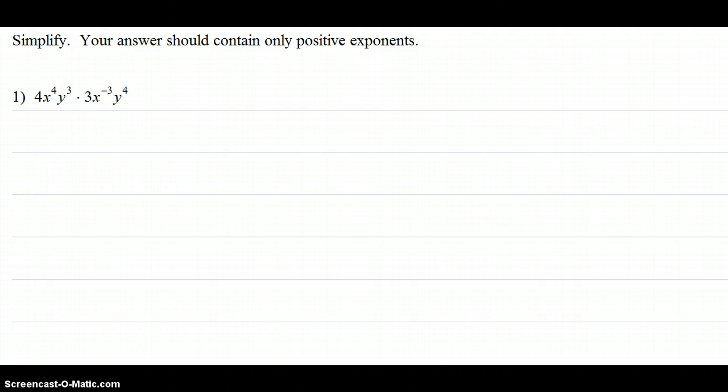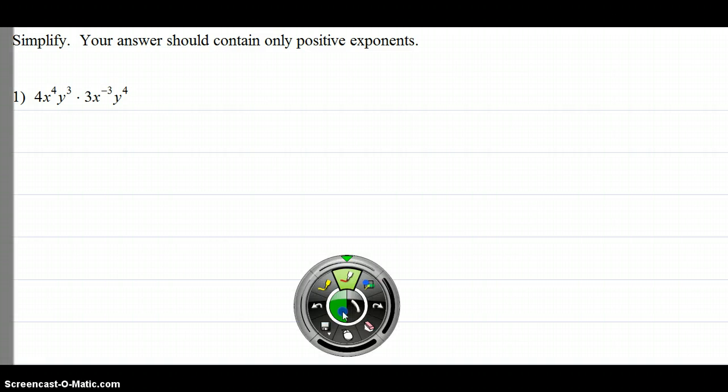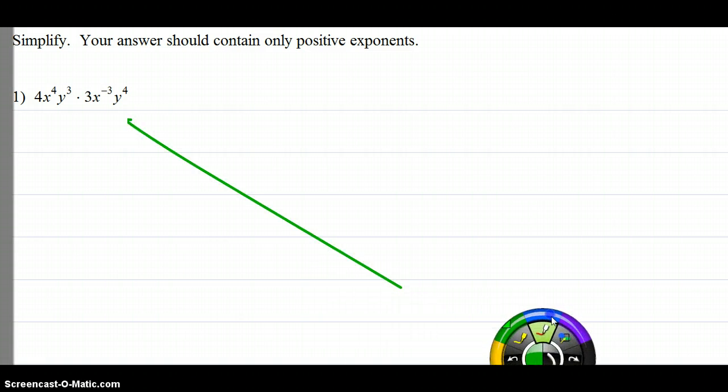So first off, let's look at these rules for exponents again. When I'm dealing with the rules of exponents, I want to remember my rules, and my rules are if I'm multiplying, I add. And what does this mean when I have a whole list of these?